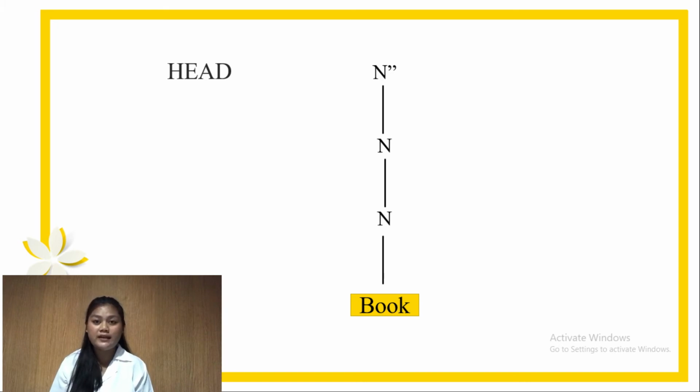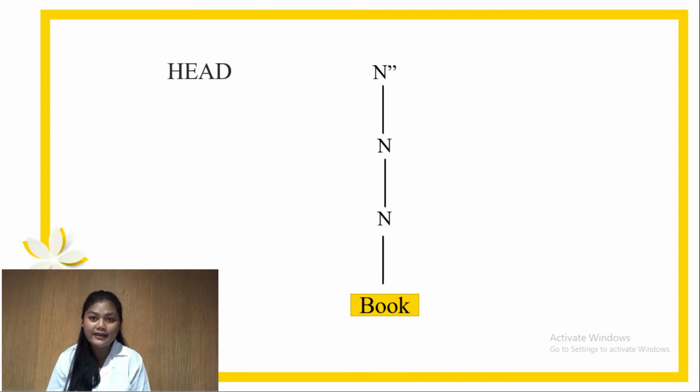The first one is head. The example of head is book. You can see the tree diagram on the slide, where N double bar branches into N bar, and N bar branches into N or noun, and here, book stands as the noun.